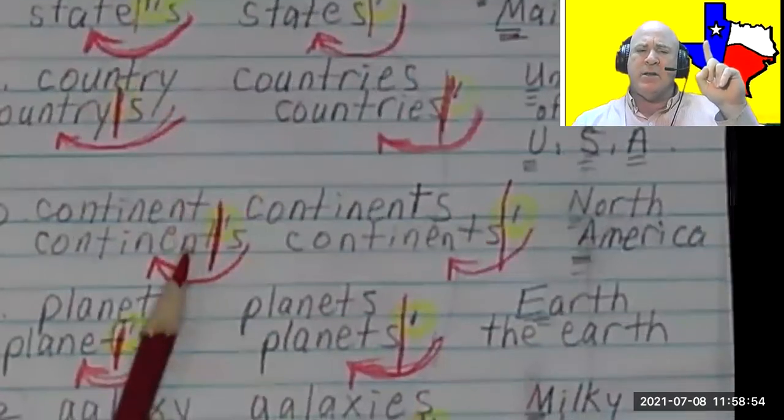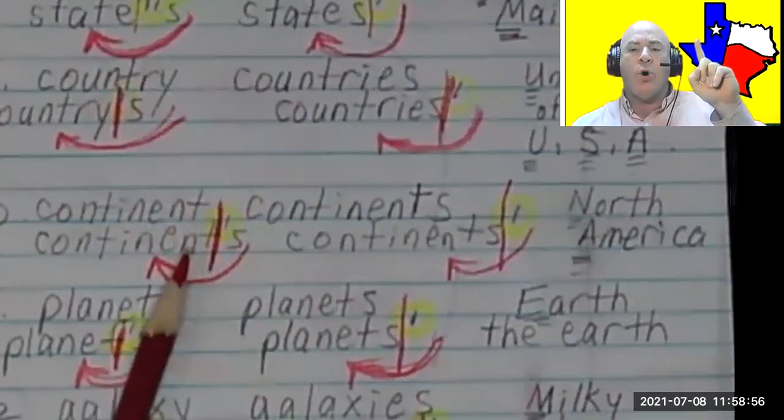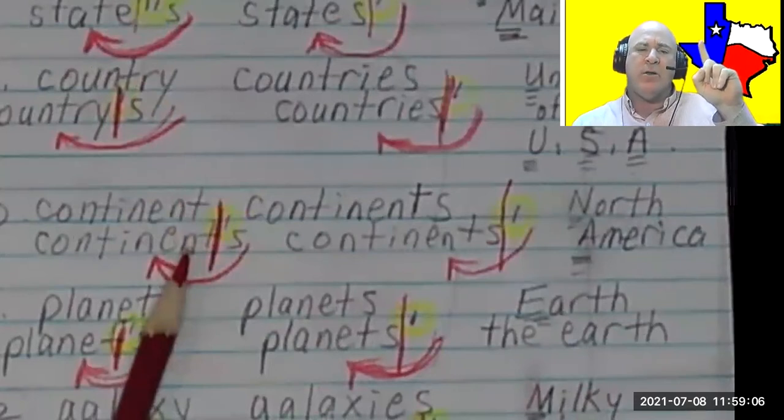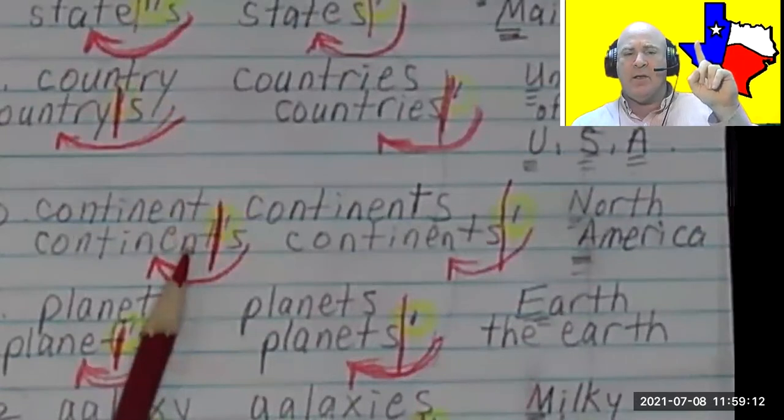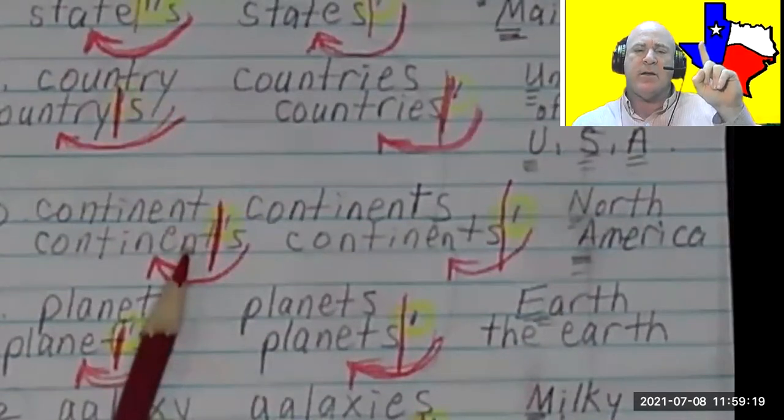Our continent is warm during spring and summer and cold during the fall and the winter. Now, I'm not talking about all of our continent, because if you live in Texas like me, then it seems like it hardly ever gets cold, but we do have a couple of months. All right. Continents, plural.